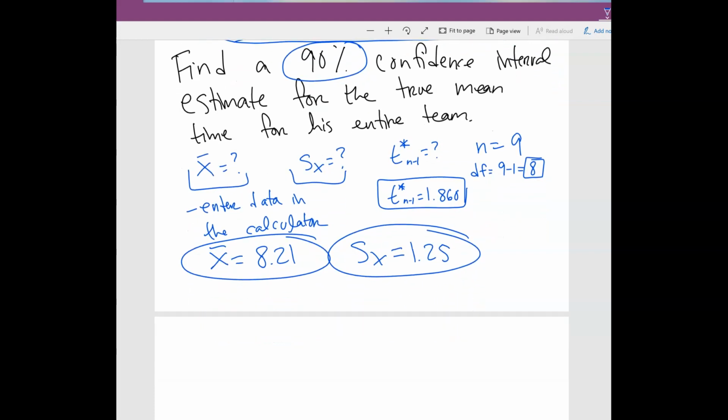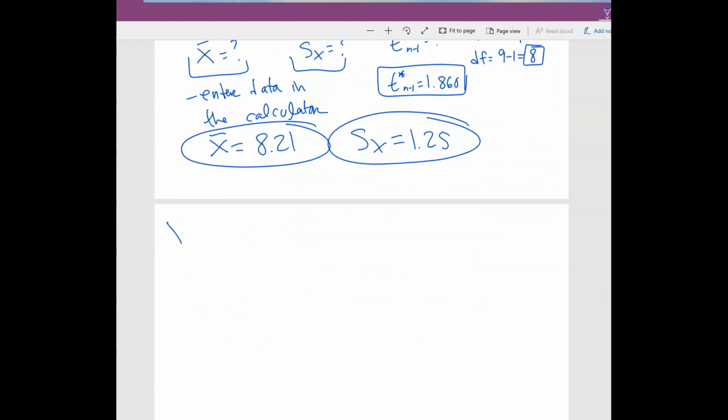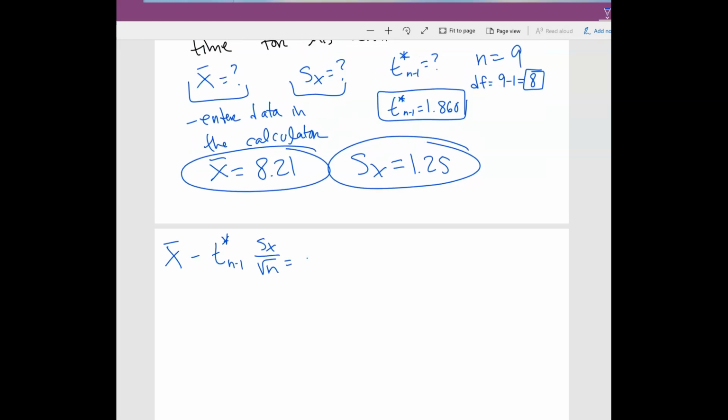And now all we've got to do is plug it into the formula. So we have x bar minus t star n minus 1 times s sub x over square root of n. So x bar in this case is 8.21 minus t star, which is 1.86, times s sub x, which in this case is 1.25, divided by the square root of n, which in this case is the square root of 9.